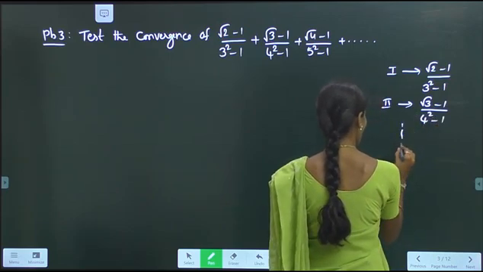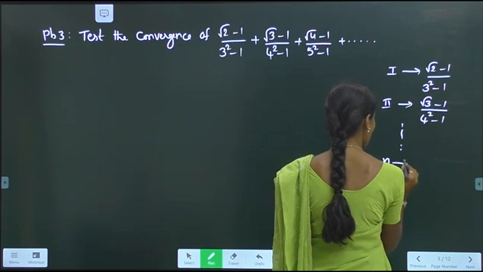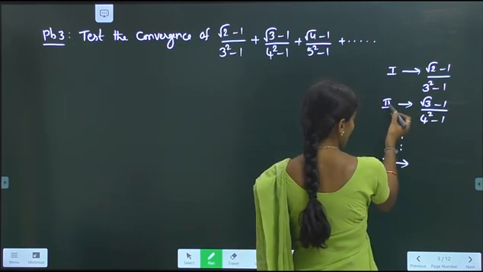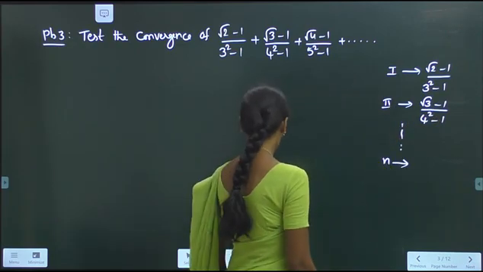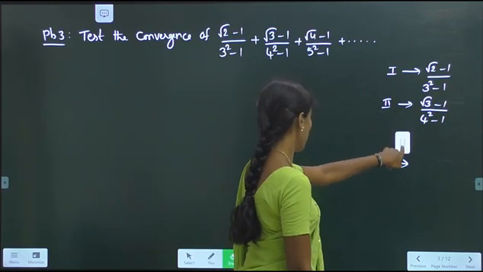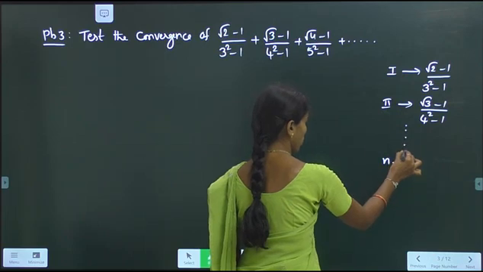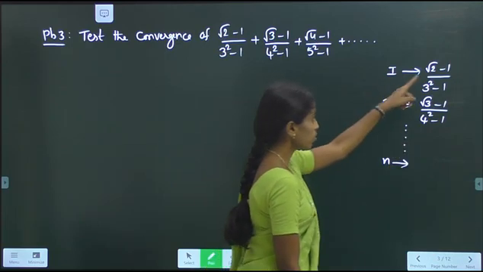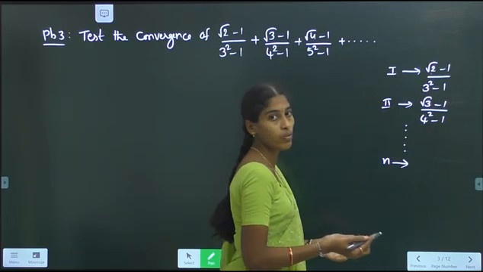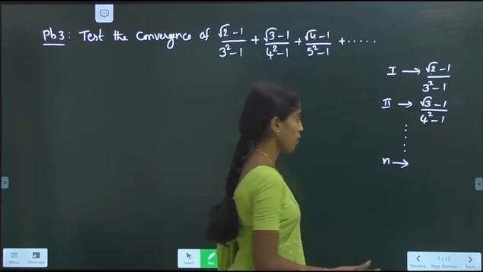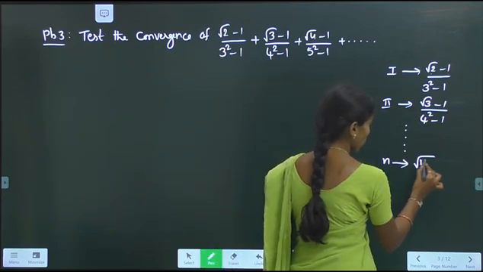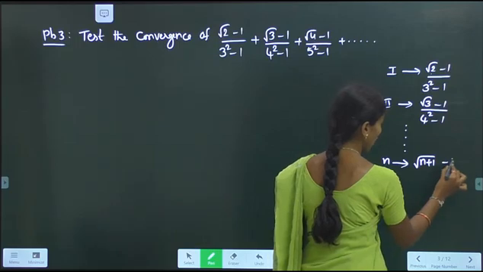Now, can you tell me what is the nth term? If it is the second term, it is root 3. If it is the first term, it is root 2. How can we get that? By adding 1 to that number. So what is this? Root n plus 1 minus 1.